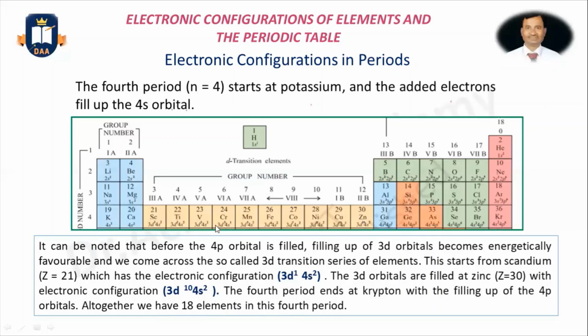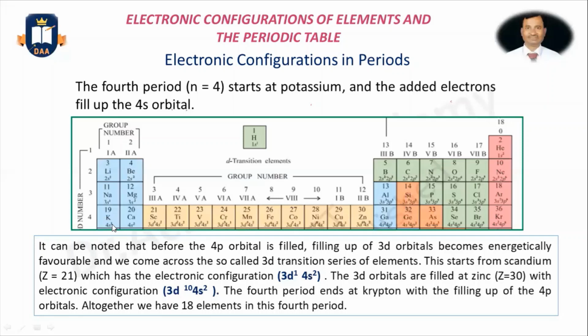And here you can see the 18 elements. Why 18 elements? Because here d orbitals are already there. So 5 d orbitals are there, 3 p orbitals are there, and 1 s orbital is there.